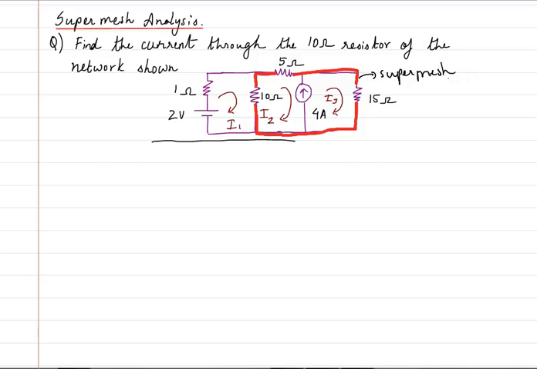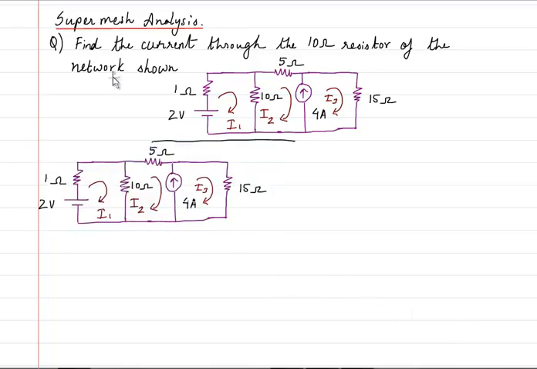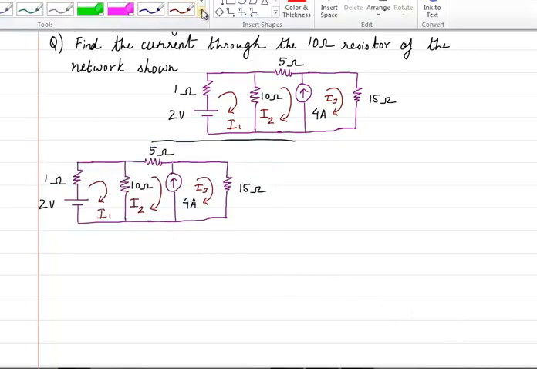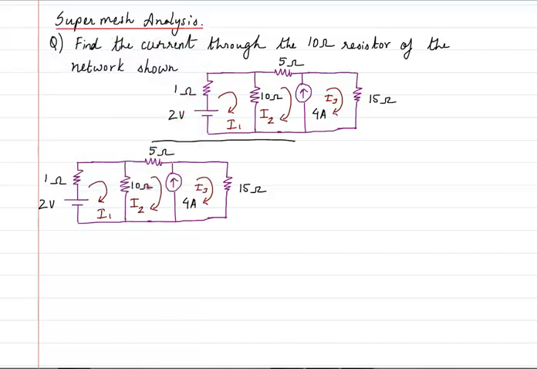Because it's a question, I will not change the things in the question. What I will do is redraw this, and we will have the supermesh drawn straight away here. So this is going to be the supermesh.